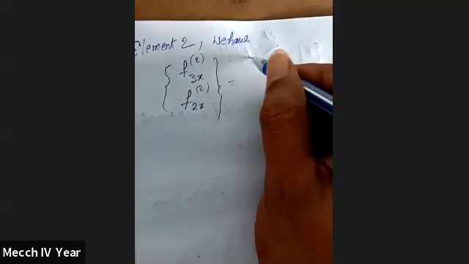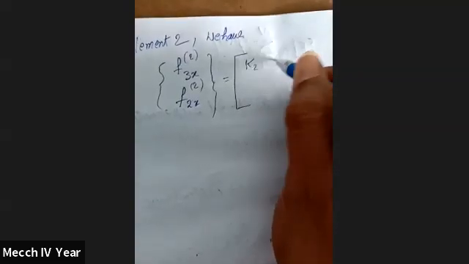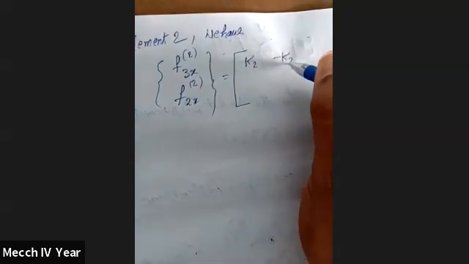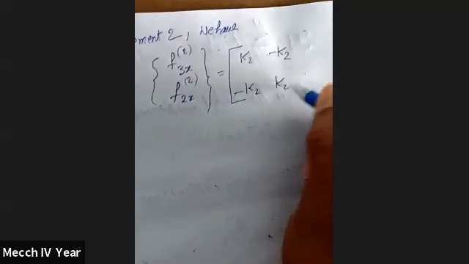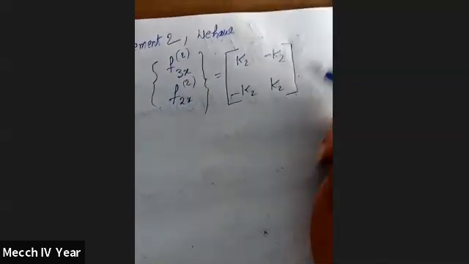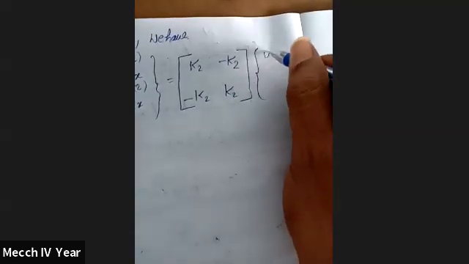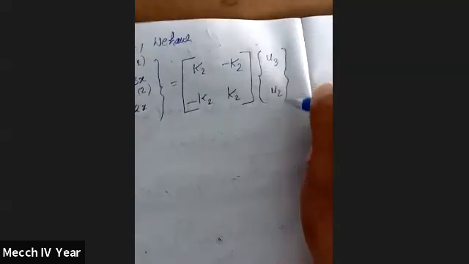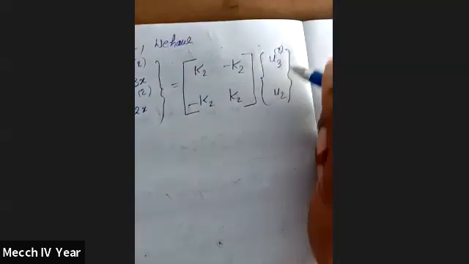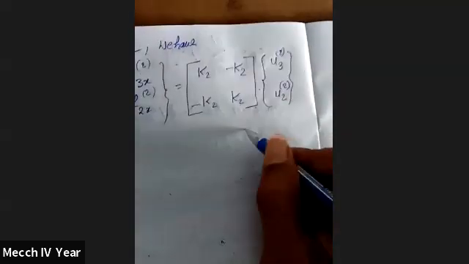Then that is equal to k2, minus k2, second element, k2, like this. Now the velocity u, we are going to take u3, u2. The second element we can put here 2. Okay, the equation can change like this.